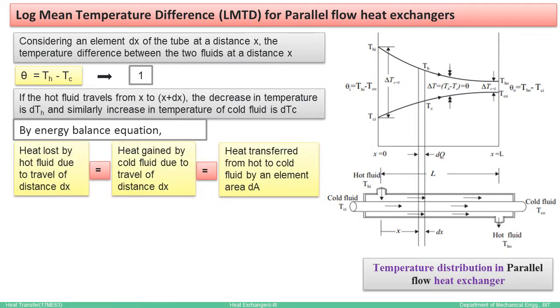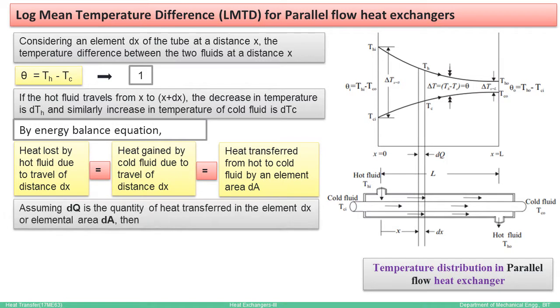Now the energy balance equation for the element dx gives: heat lost by the hot fluid due to travel of distance dx should be equal to heat gained by the cold fluid due to travel of distance dx, which should be equal to heat transfer from hot to cold fluid through an element area dA.